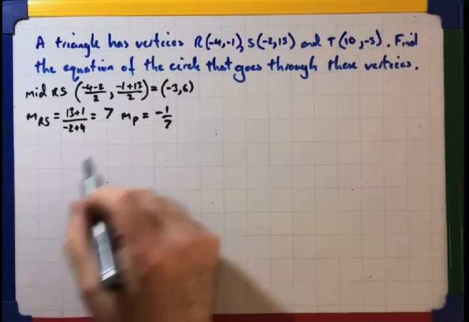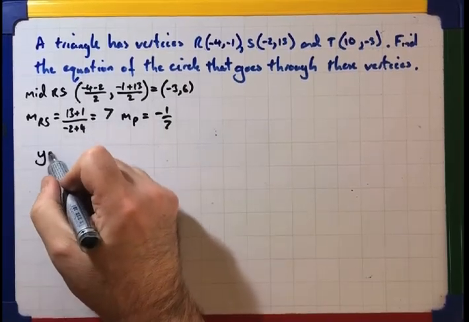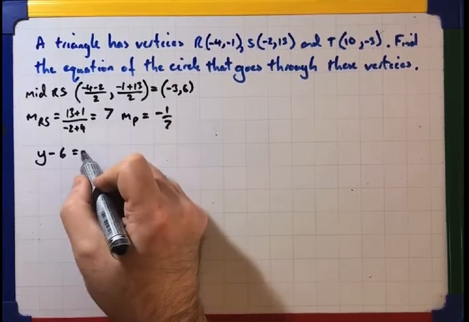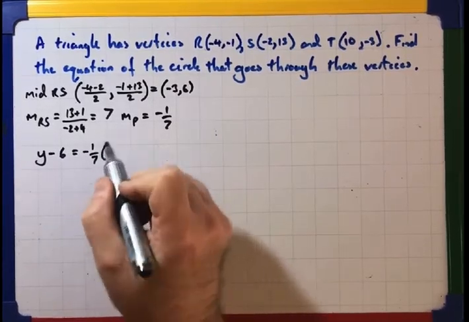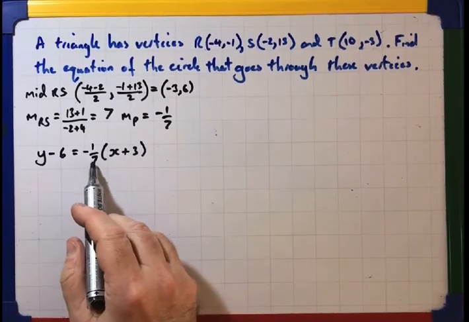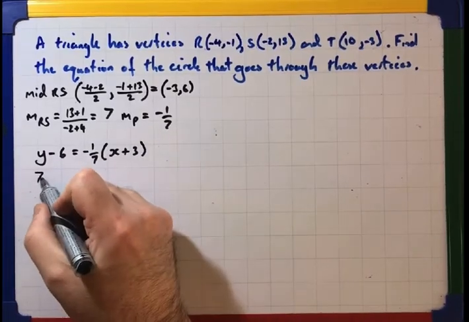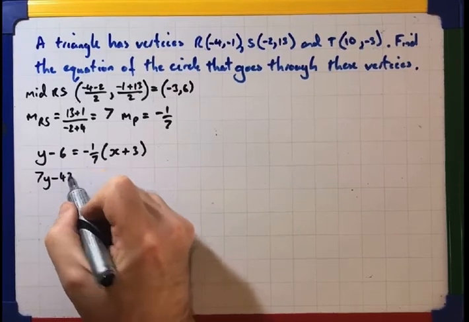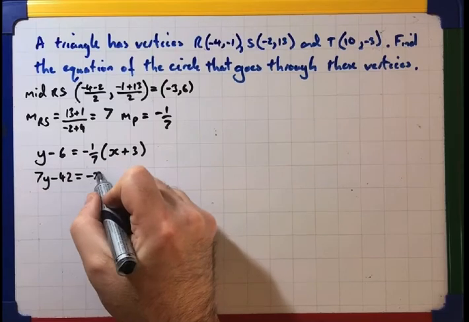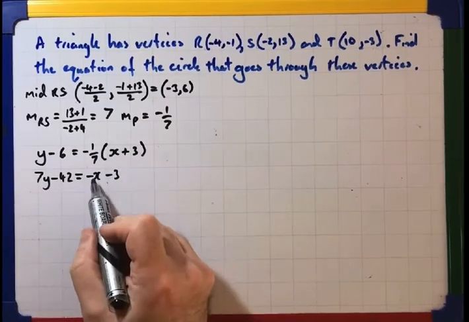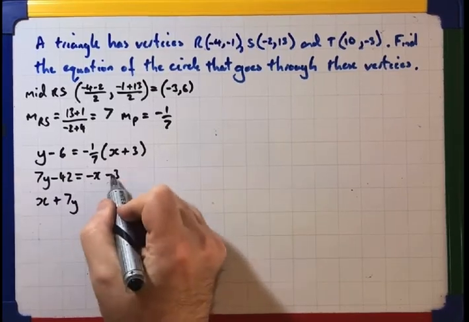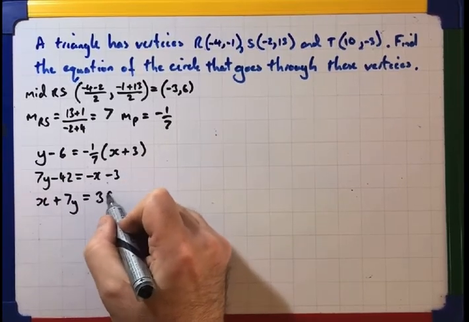Okay, so we have y minus 6 equals the gradient, minus 1/7, x plus 3. Let's get rid of the 7th by multiplying by 7. You get 7y minus 42 equals minus x minus 3. So take that across there, you're going to have x plus 7y, add 42 to each side, you'll get 39.